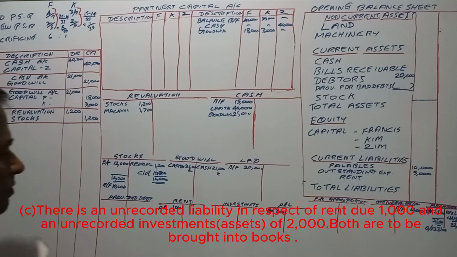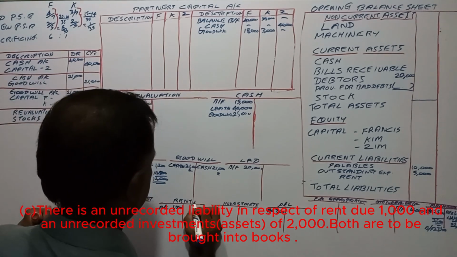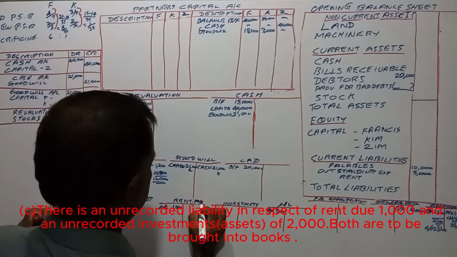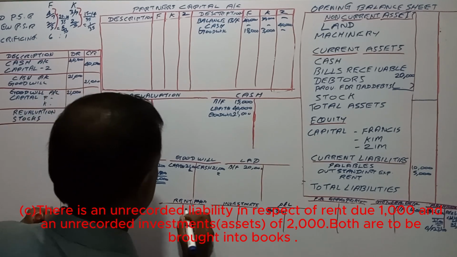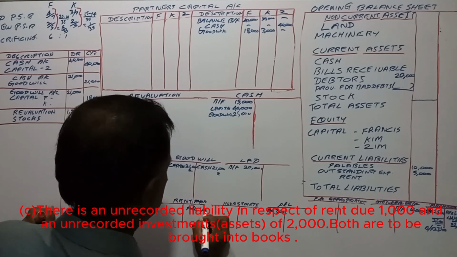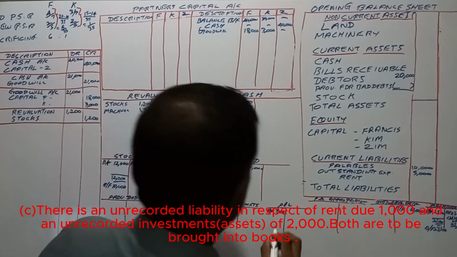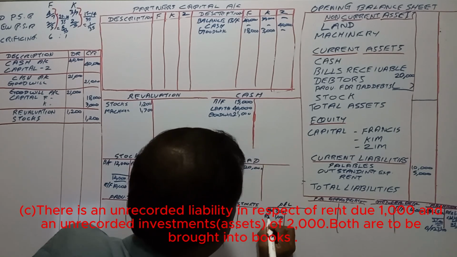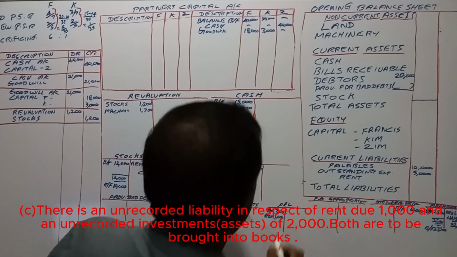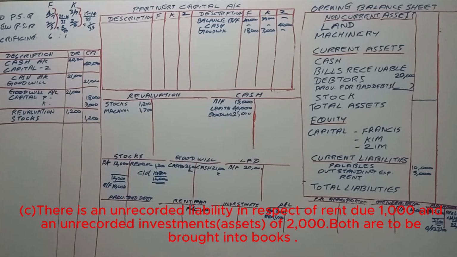Rent payable will be credit, right? PNL should be debited 1000, rent payable, right? 1000.